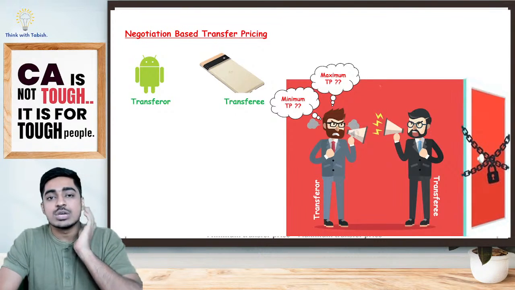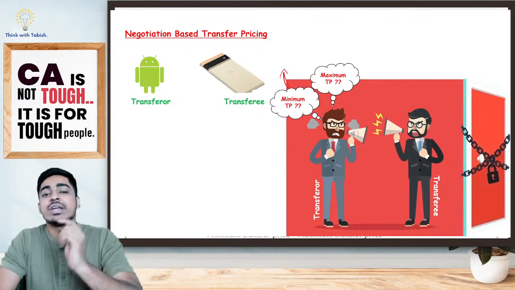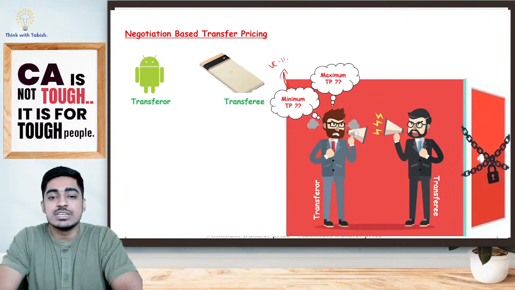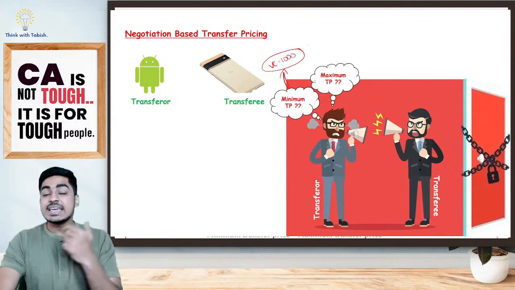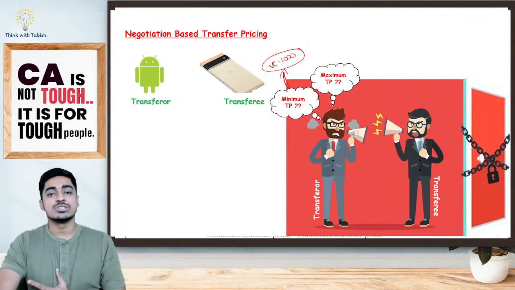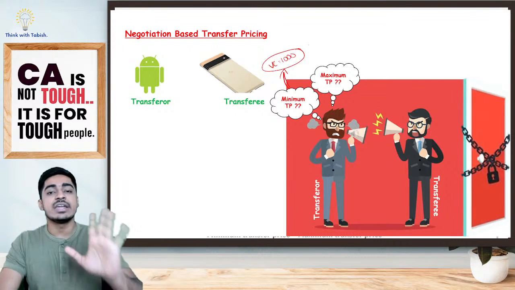I have the employee cost, and the development cost I need to distribute. Suppose for every Android license, the variable cost is, for example, 1,000 rupees. So the Android person is saying, for every license I'm incurring 1,000 rupees. So bare minimum, 1,000 rupees at least I should get. Lesser than that, I will not accept.